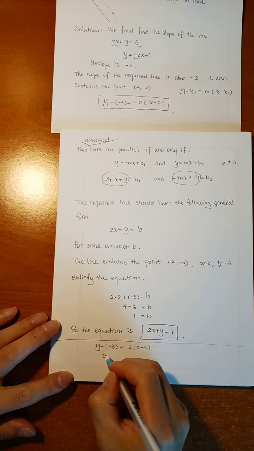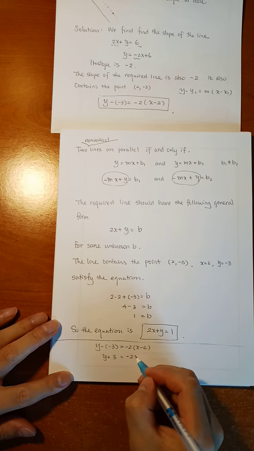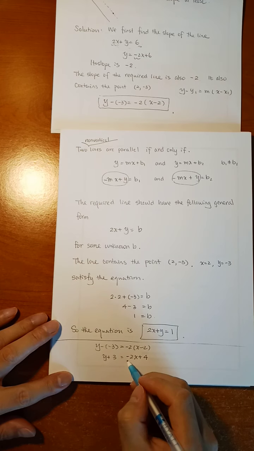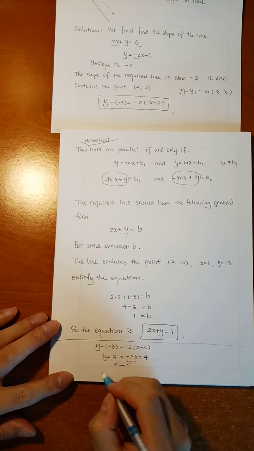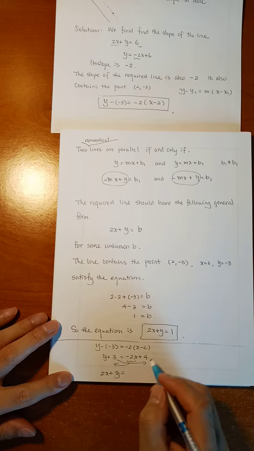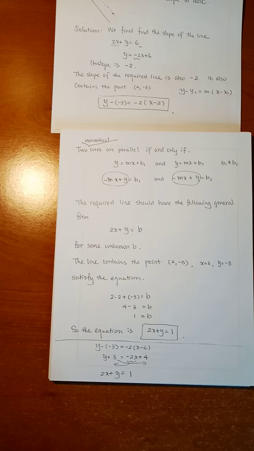Y minus -3 is y plus 3. -2 times x is -2x. -2 times -2 is plus 4. You move this -2x to the left side, it's 2x plus y. You move 3 to the right side, it's 4 minus 3 is 1. So you see, that's the same thing.